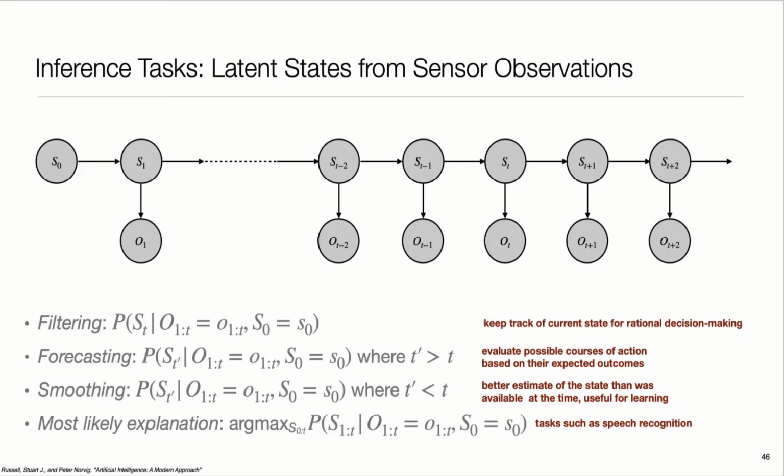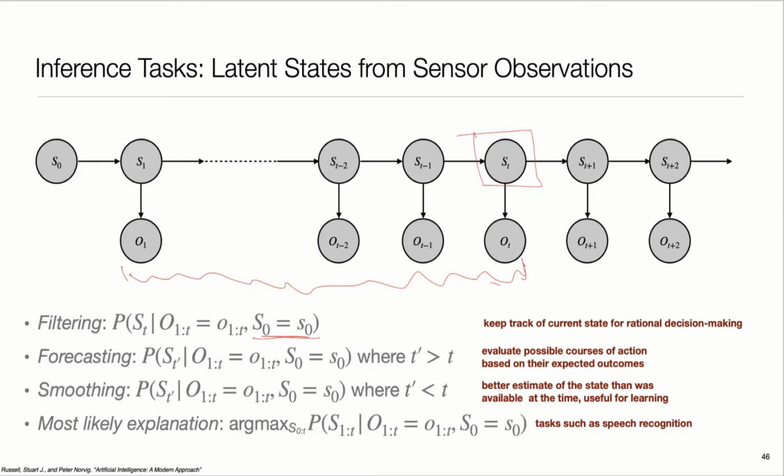So filtering basically says that given the past, and we'll always assume that we know the initial state, so this is always implied. S0 is the random variable S0 had the value, small case s0. So we are basically saying that given the history of observations, what is my current state?